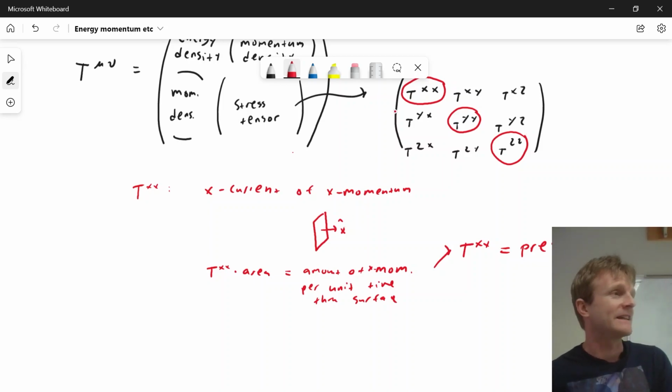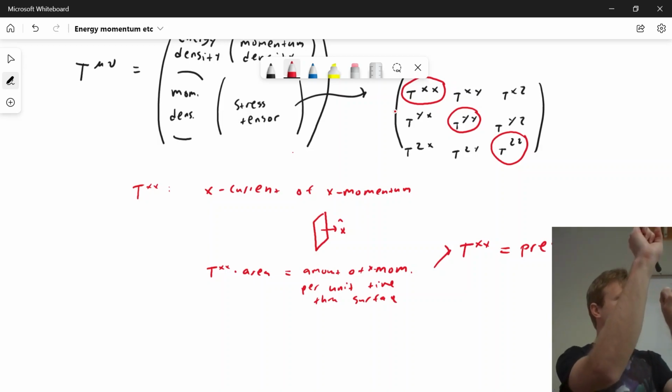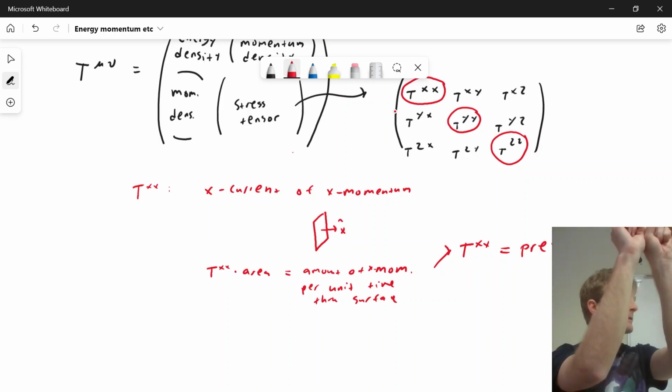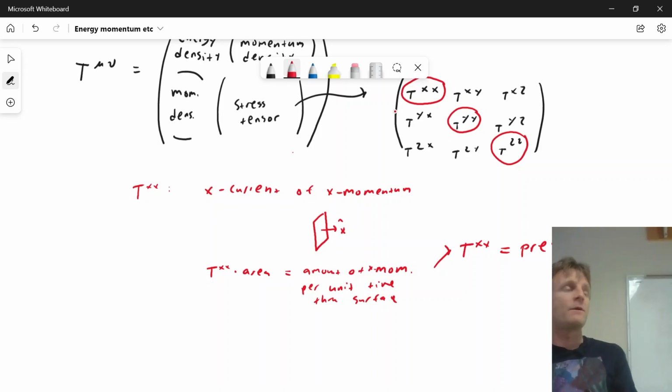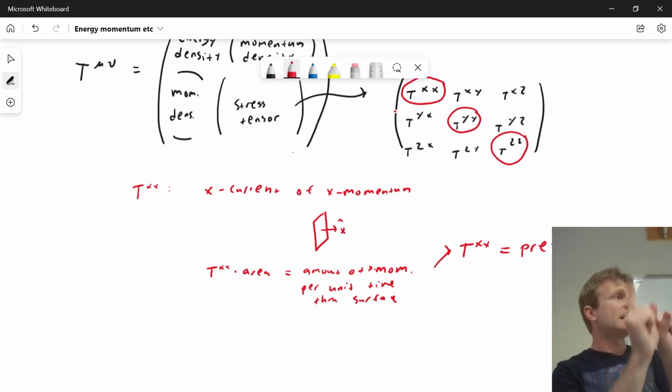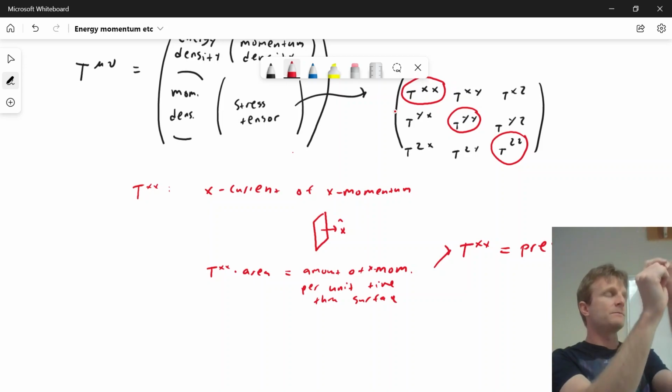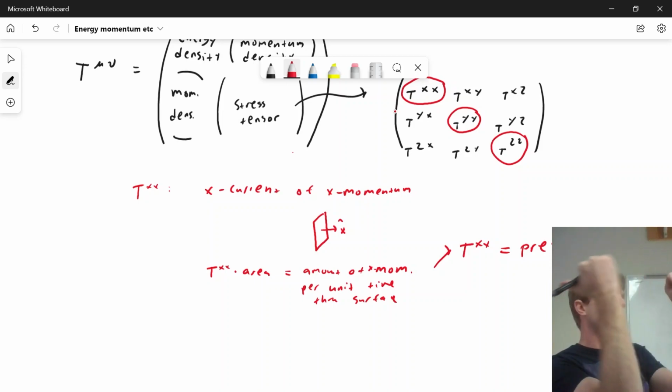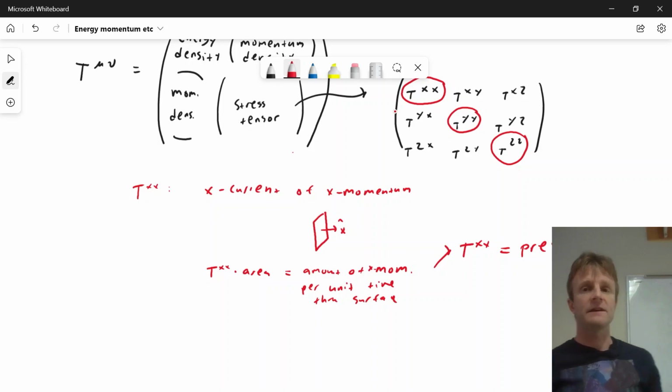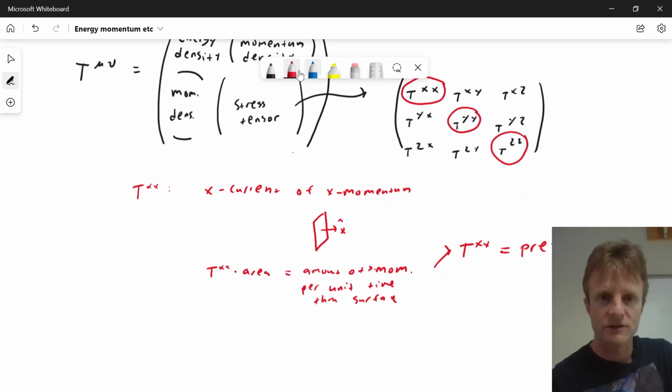Now, the other thing that can happen in a fluid is viscosity. So in a fluid, it could be that when this part of the fluid wants to flow up, it drags some other fluid with it. So that's now a force per unit area in the up direction, but between neighboring fluid elements in the side direction. So that's an off diagonal element of the stress energy tensor.